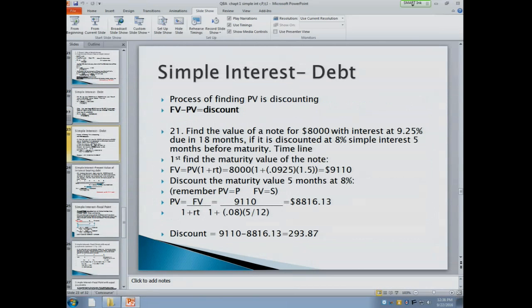A formula I want you to write on your formula sheet: finding the discount is a future value minus a present value.